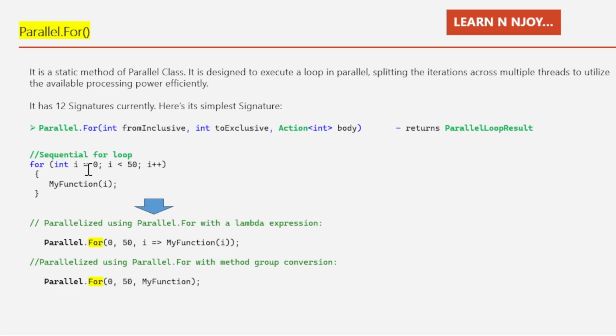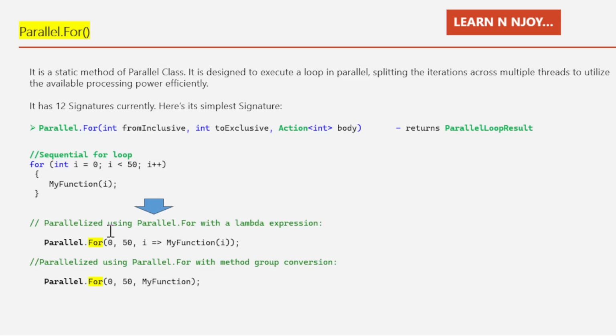The loop will continue as long as i is less than 50, and after each iteration i is incremented by 1. That's what I have written, i++. Inside the loop, I have called MyFunction and passed i as the parameter. So basically, MyFunction is going to get called for each value of i. Here, MyFunction(i) represents some function or method that takes an integer parameter. That's what this sequential for loop is doing.